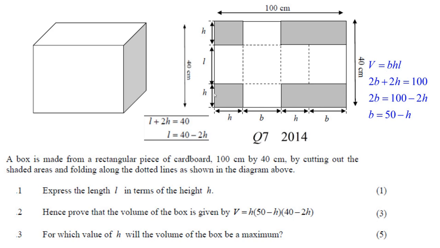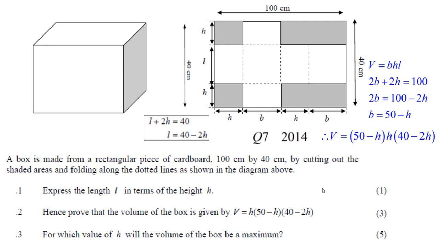Here we have this b, and then it repeats up here. b plus b is 2b, h plus h is 2h, and 2h plus 2b equals 100 on the other side because it's a rectangle. Then we subtract the 2h, divide by 2, and we get b is 50 minus h. That's where this 50 minus h comes from, the base times the height times the length, so that explains why that's the volume.